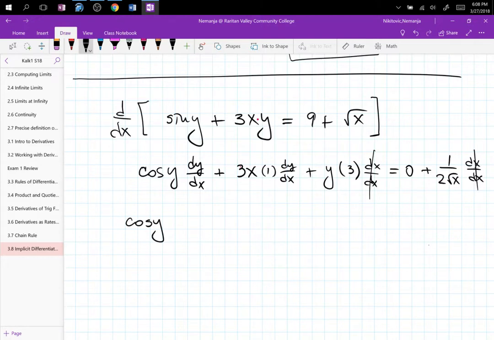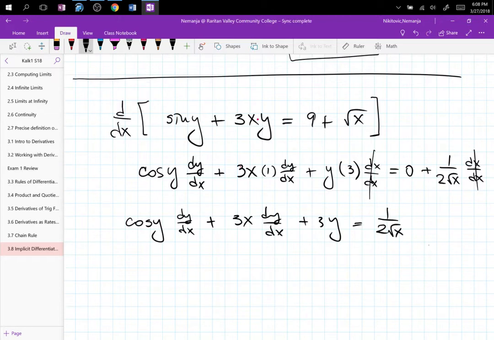We have cosine y dy dx plus 3x dy dx plus 3y is equal to 1 over 2 root x. You done? No. Because we are used to the derivative equals everything else.